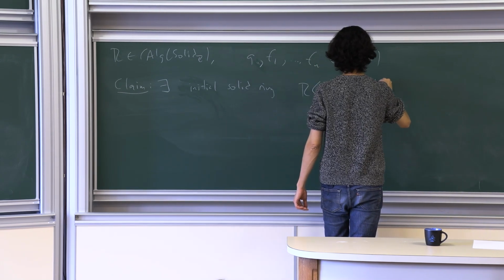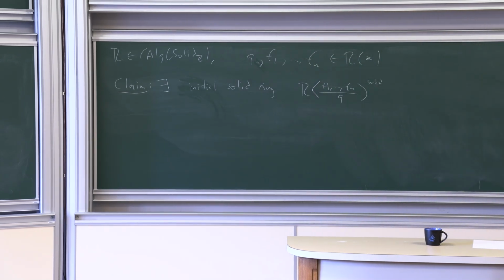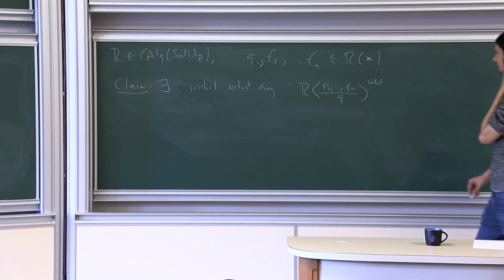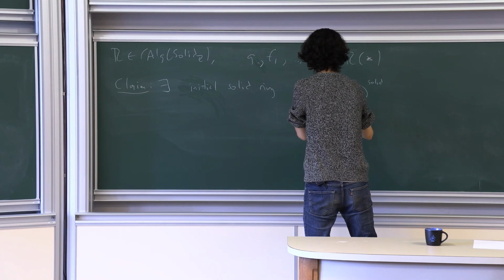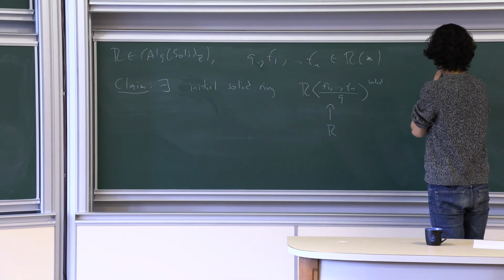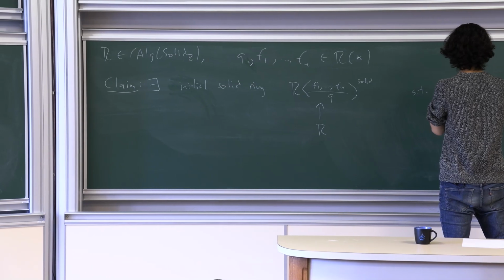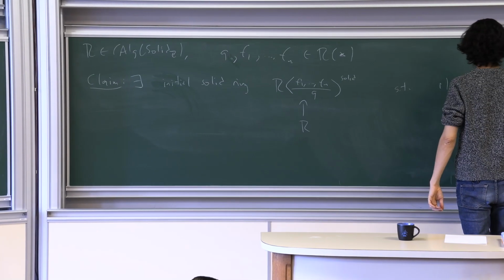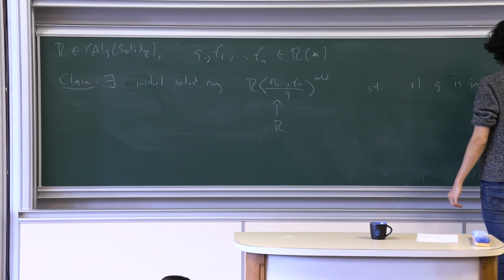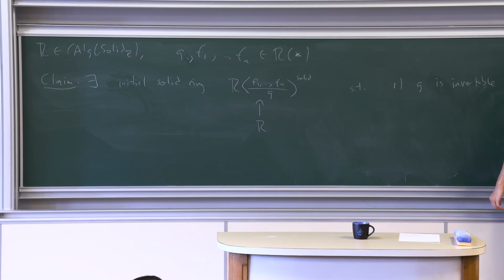I don't want to use exactly the same notation as Hoover, so I'll decorate it with a solid in the superscript, with a map from R such that, first of all, G becomes invertible in there.